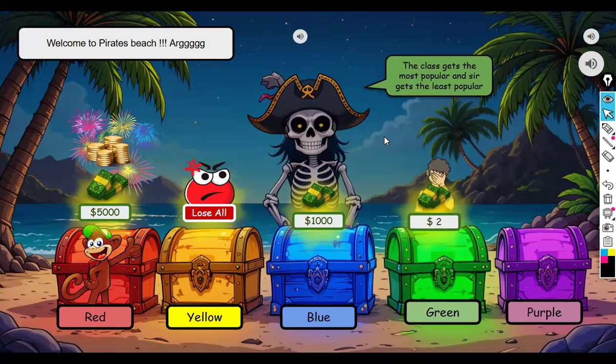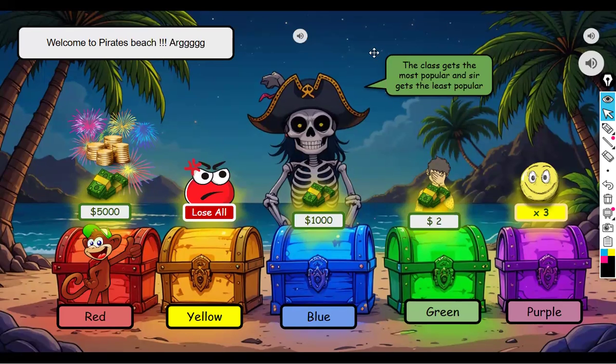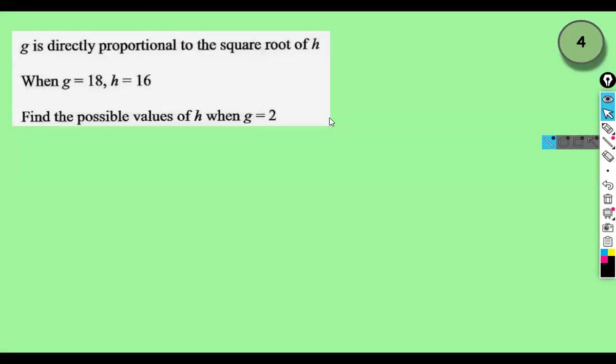And the purple chest, you all get to multiply the amount of money you have right now by 3. So you all had $300 multiplied by 3. You all are up to $900. I don't know how somebody got $2,000 by multiplying 300 by 3. But you guys have $900 and I have $0. Let's go. So no more boasting for me for a little while.